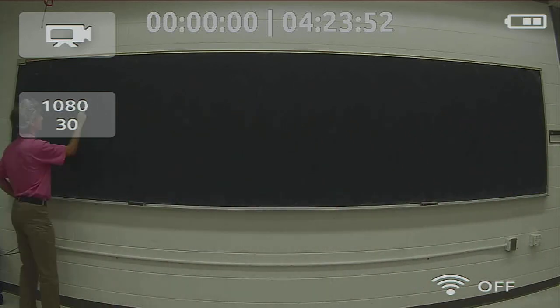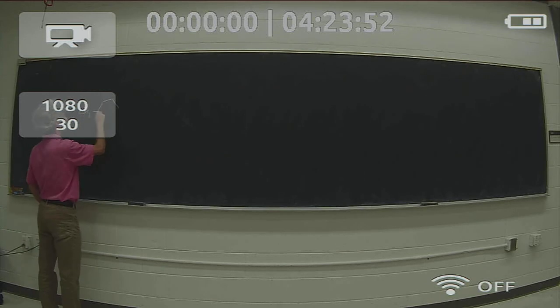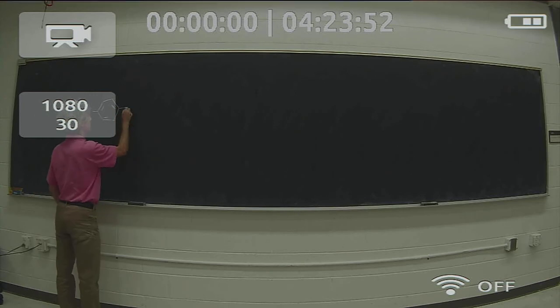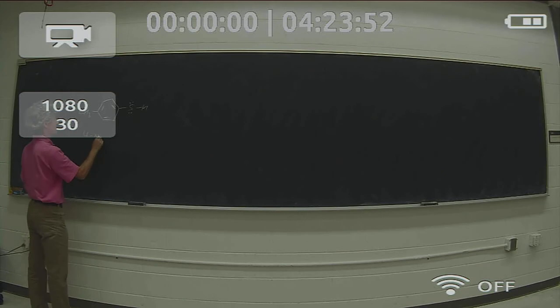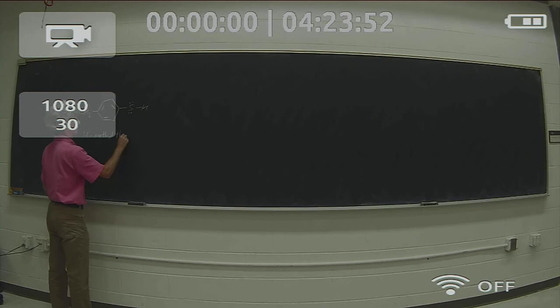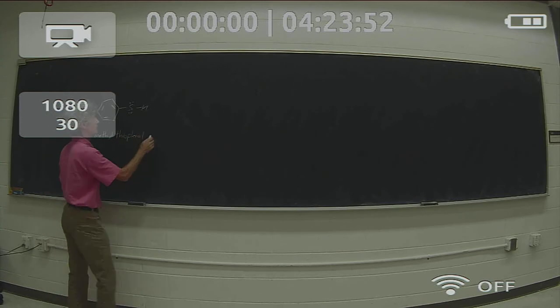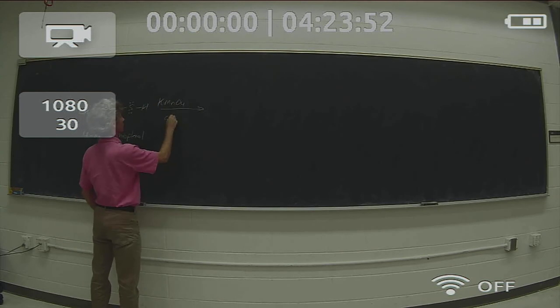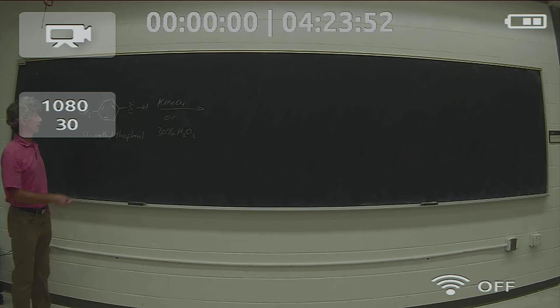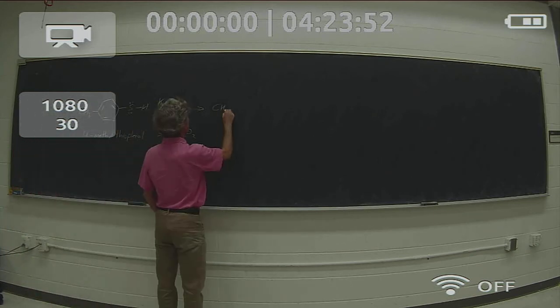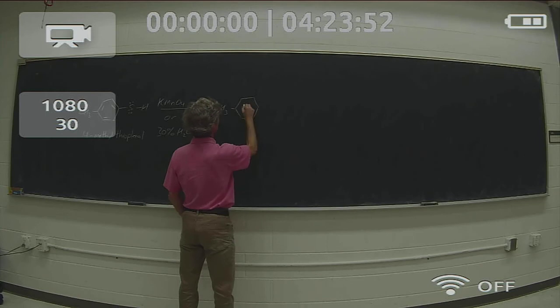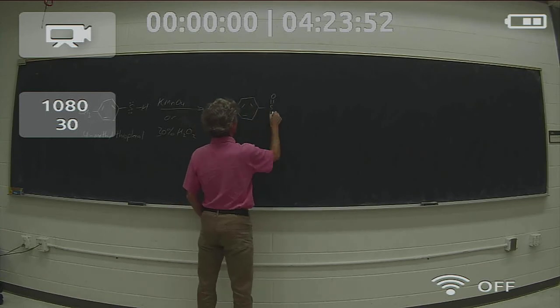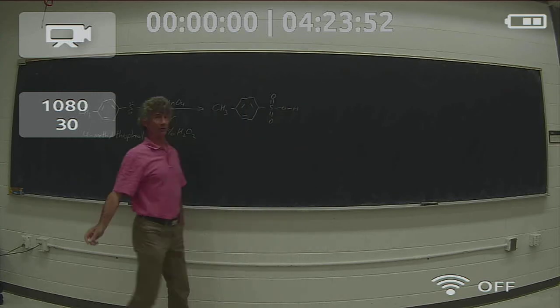So thiols like 4-methylthiophenol here, when treated with strong oxidizing agents, like KMnO4, or 30% hydrogen peroxide, will oxidize to the corresponding sulfonic acids.